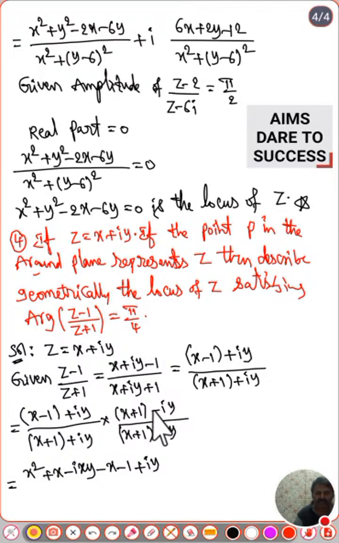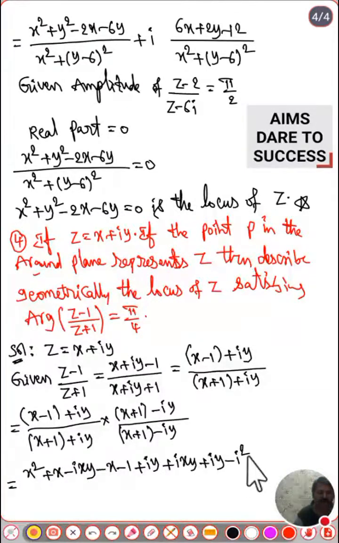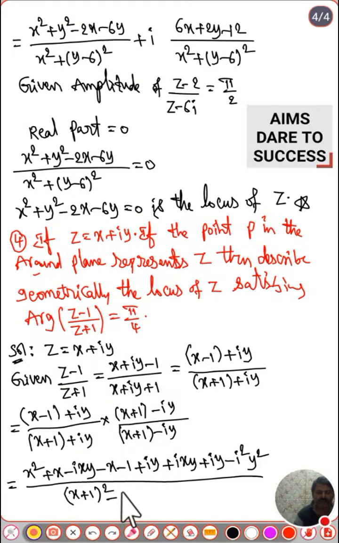Next, iy multiplication: iy into x is ixy, iy into 1 is iy, iy into minus iy is minus i square y square. Divided by the denominator, (a plus b) into (a minus b), that is a square minus b square.